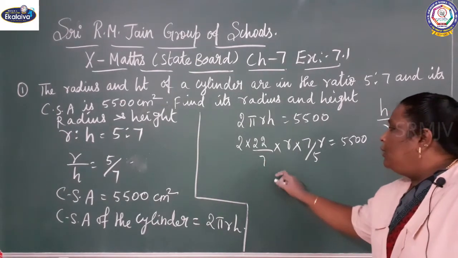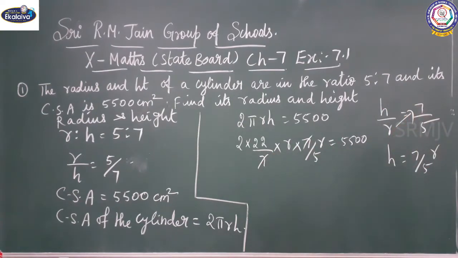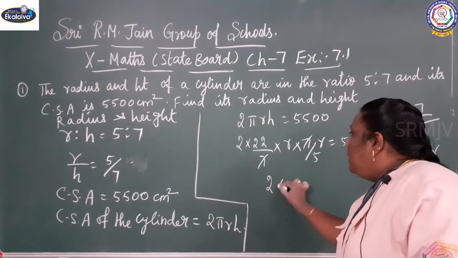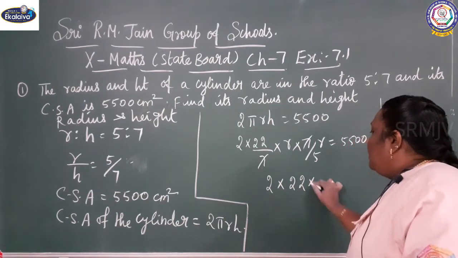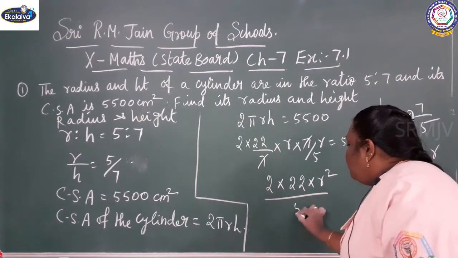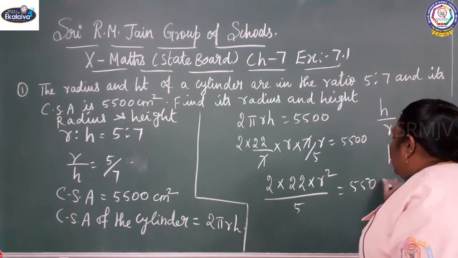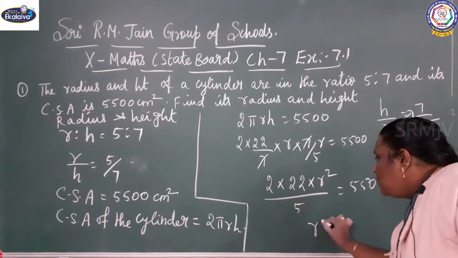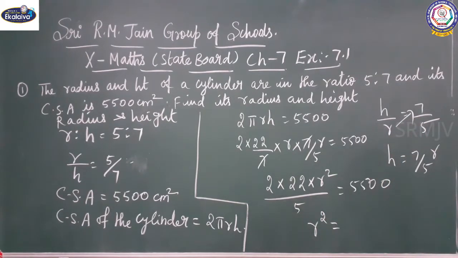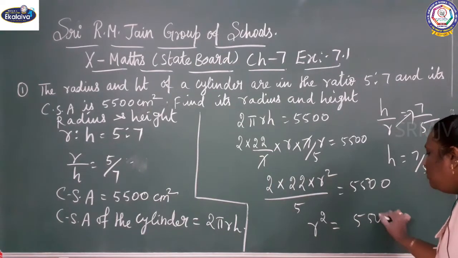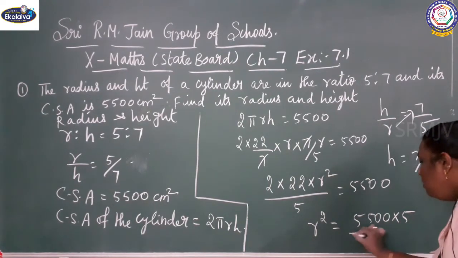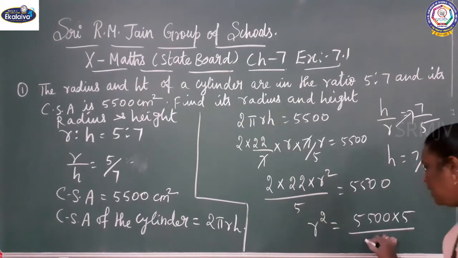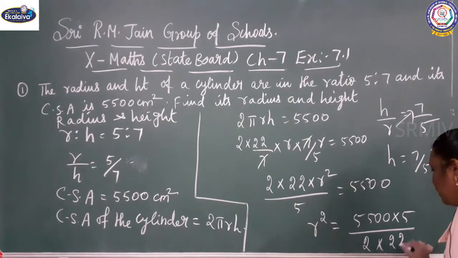So 2 into 22, the 7s get cancelled. 2 into 22 into R square by 5 equal to 5500. Keep R square here, and bring the remaining terms to the right hand side.